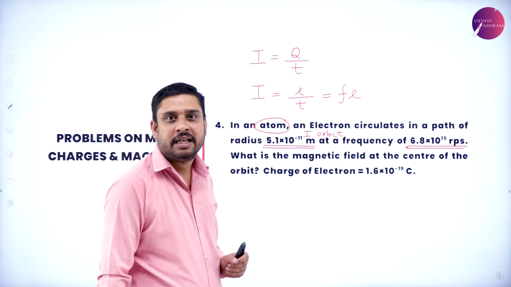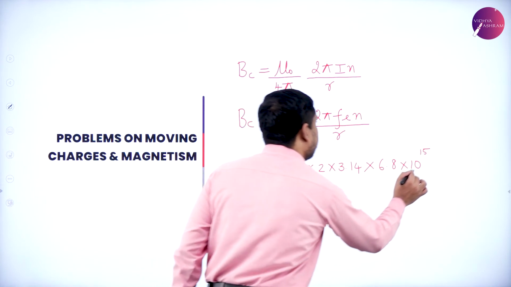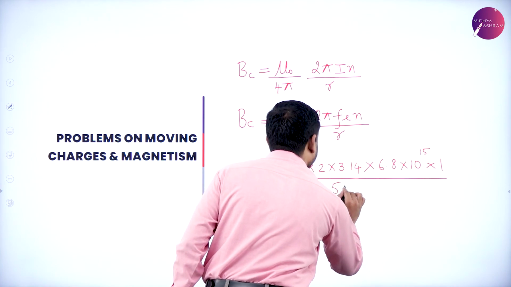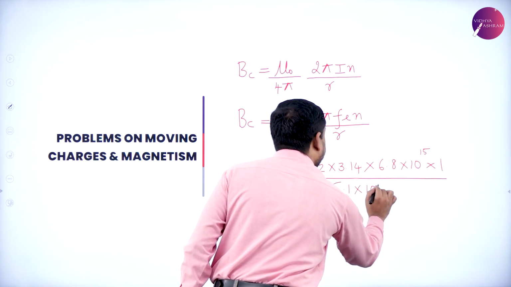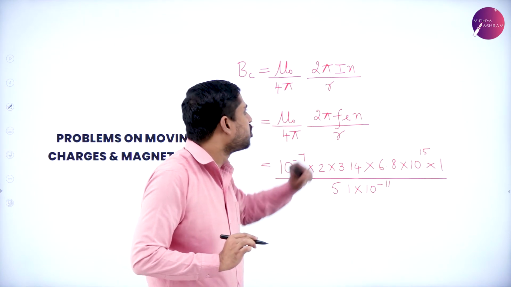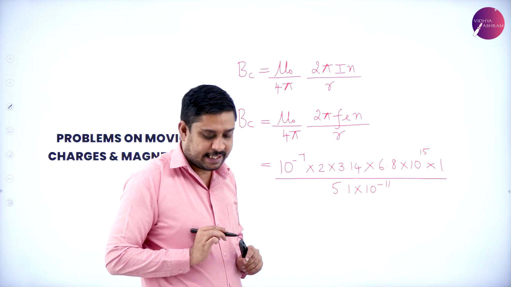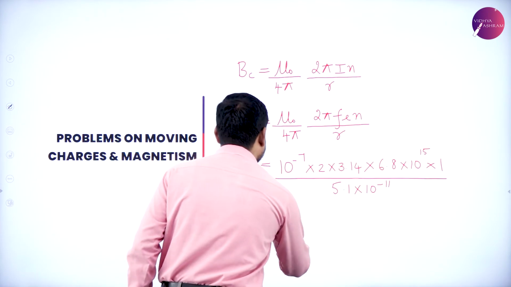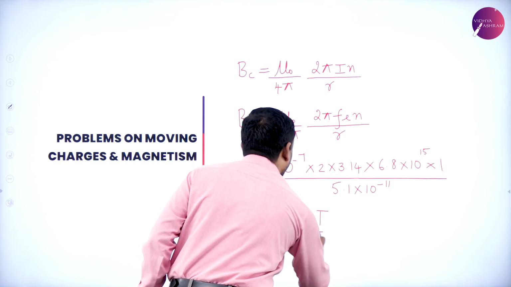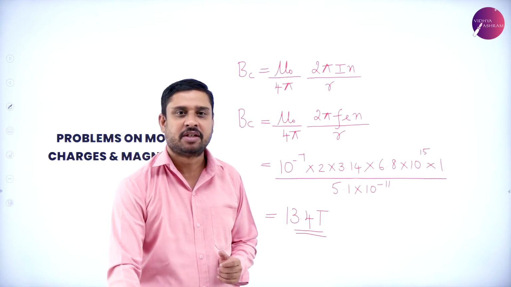So N is nothing but equal to 1 divided by R, 5.1 into 10 power minus 11. See, slight conceptual understanding helps me to substitute in the equation. So when we substitute, this turns out to be 13.4 Tesla. See, very simple on calculation.